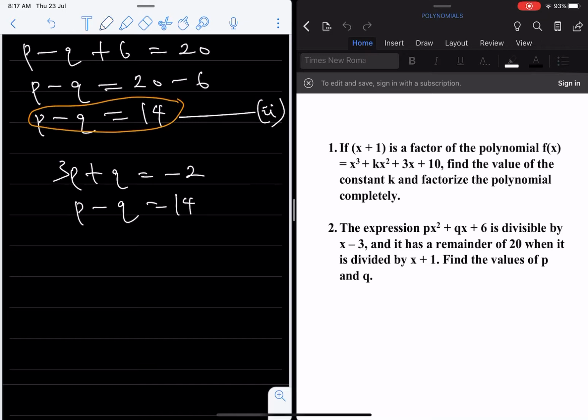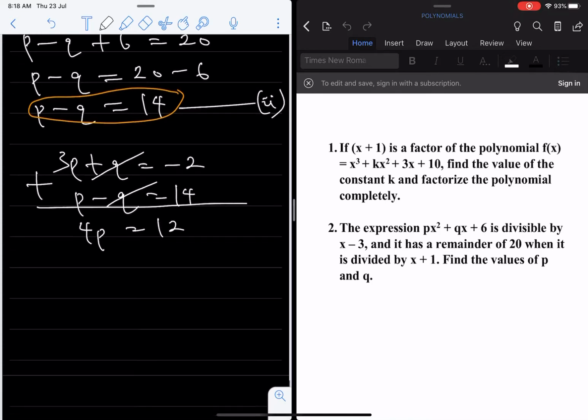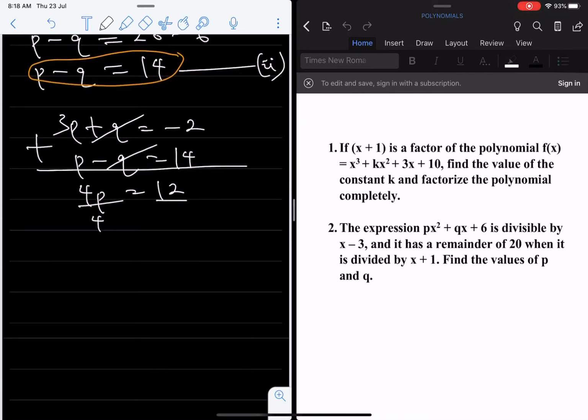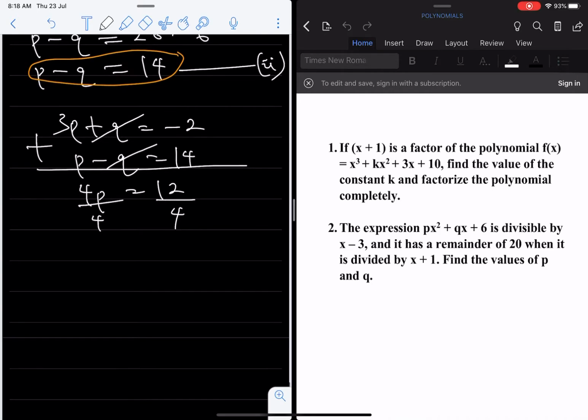So now we can simply add the two equations to obtain the value of p. 3p plus p is 4p. q minus q is 0. That's equal to minus 2 plus 14 is 12. And we divide both sides by 4 to get p. So therefore p is equal to 3.